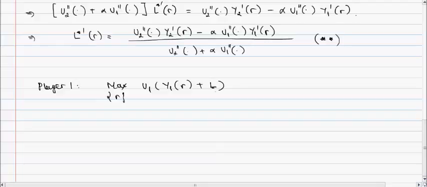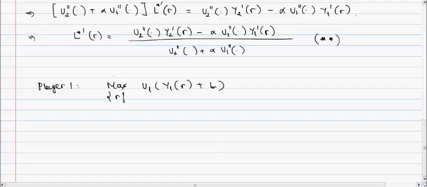So he knows that his parent's optimal amount of L is going to be a function of the R that he's going to choose. So he is going to take that into account and choose the amount of R in order to maximize the utility.